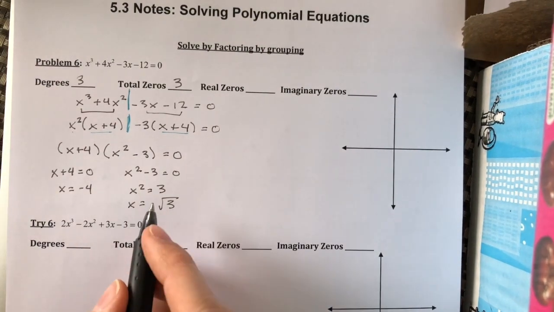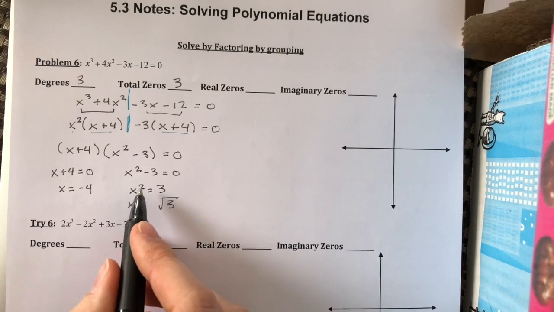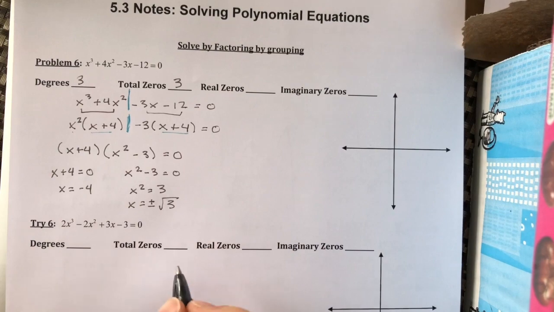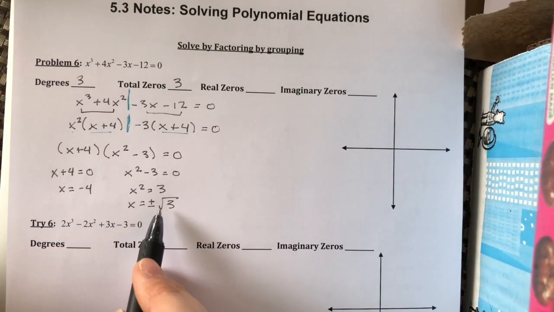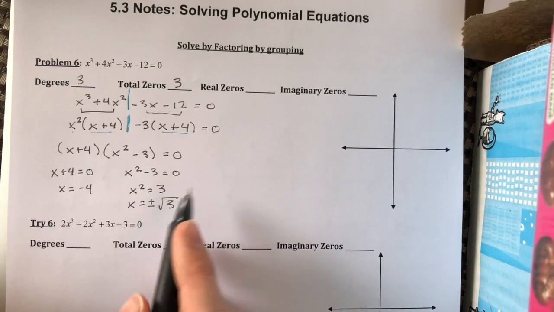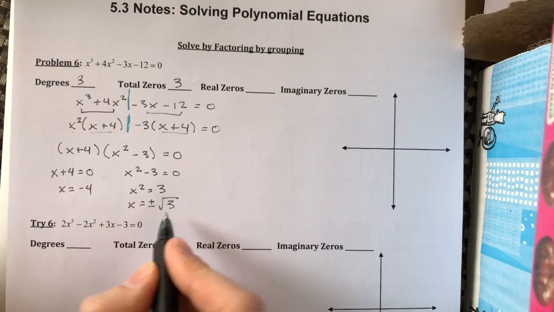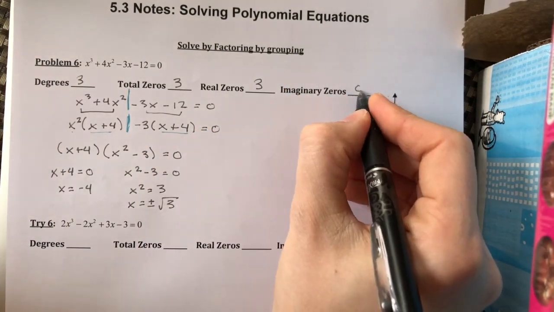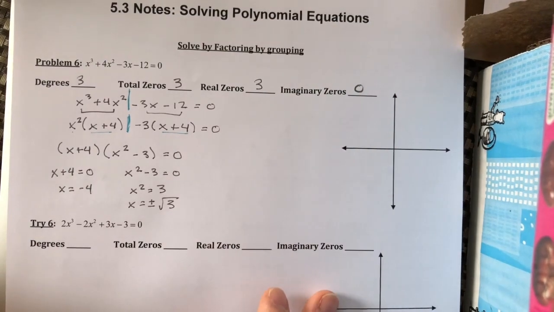But remember, when I start with a squared and I take a square root, I have to write plus or minus because I have two possible answers. So these are all real numbers. Notice this is a positive inside the square roots. That's a real number. So there are actually 1, 2, 3 real zeros. That means there are 0 imaginary zeros.